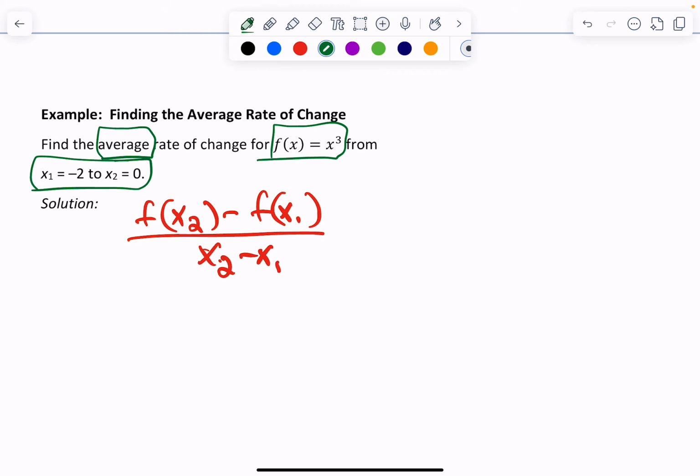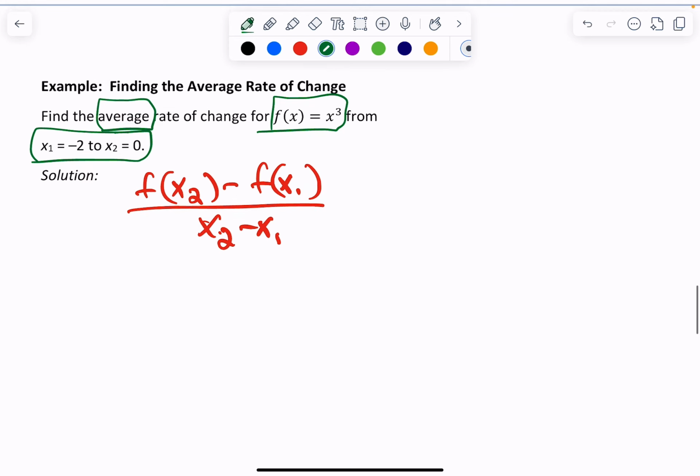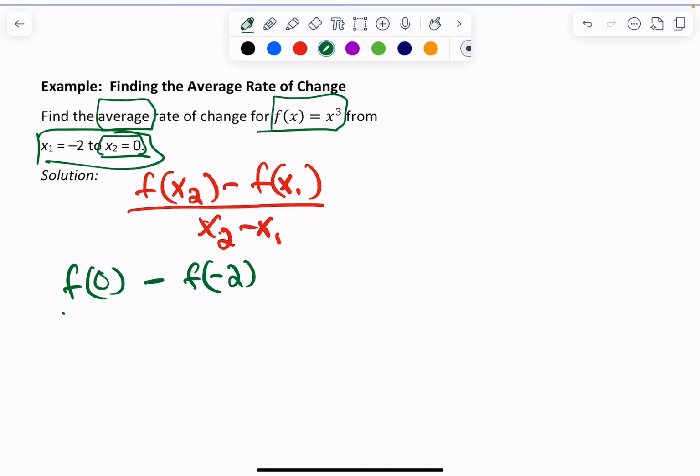Our x2 is 0, of course. So f of 0 minus f of negative 2 divided by 0 minus negative 2.